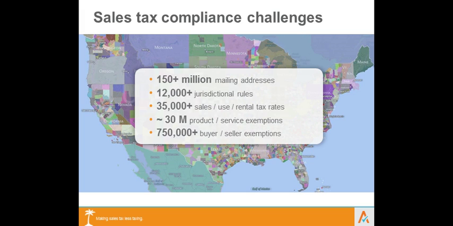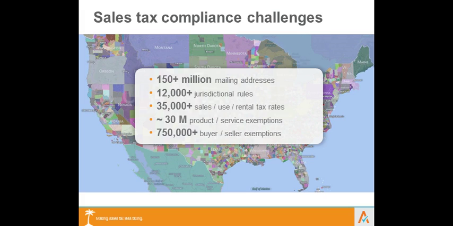So why is sales tax so complicated? When you look at the vast number of variables and parameters in place that you have to manage to get tax right if you were collecting all across the country, we have 150+ million mailing addresses. Within North America, there's over 12,000 taxing jurisdictions. You've got 35,000+ different rules around sales and use tax and rental rates for these various jurisdictions.